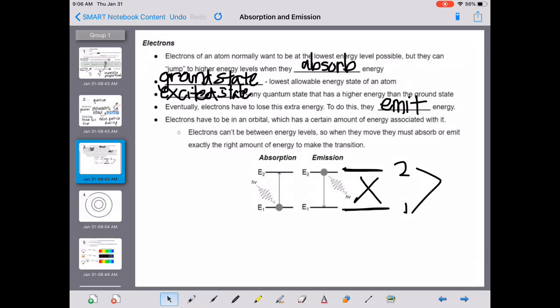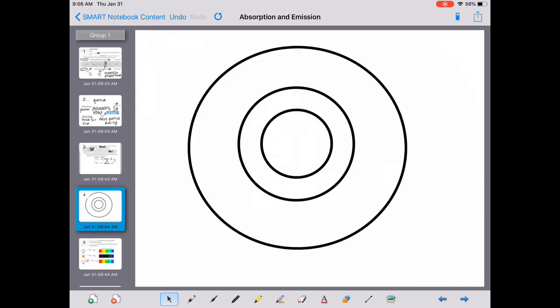So we can picture these absorptions and emissions better when we look at a Bohr model and think about where electrons are. So maybe the valence electrons of this particular atom are in energy level 2, and one of these electrons gains some energy from coming in, and it becomes excited and jumps up into the excited state because it gains exactly enough energy to get from this energy level into the next energy level.